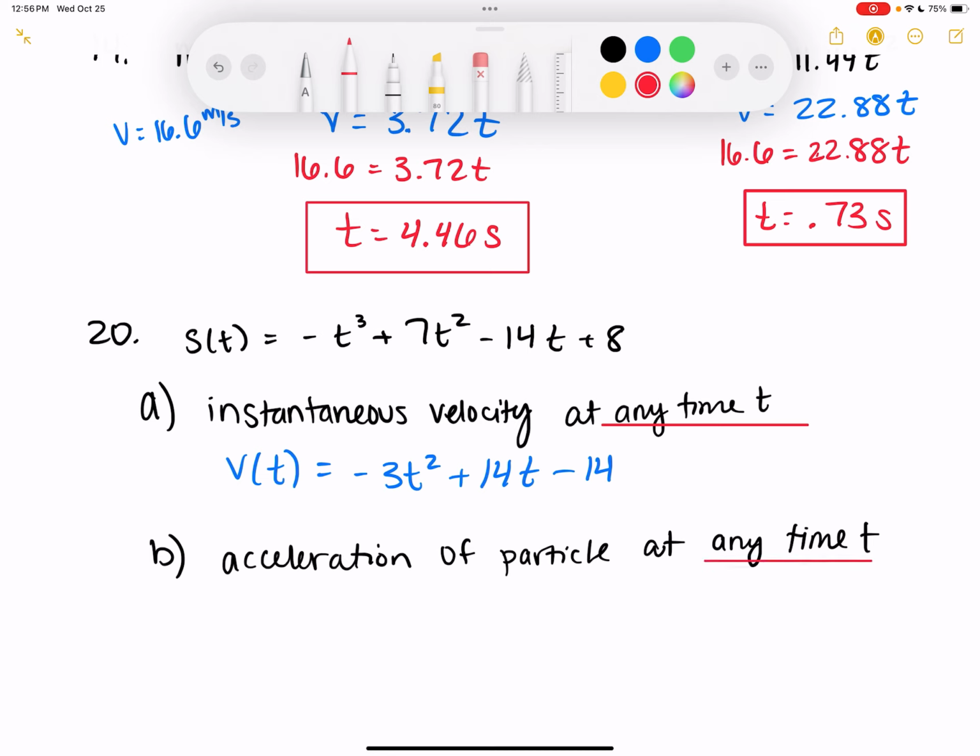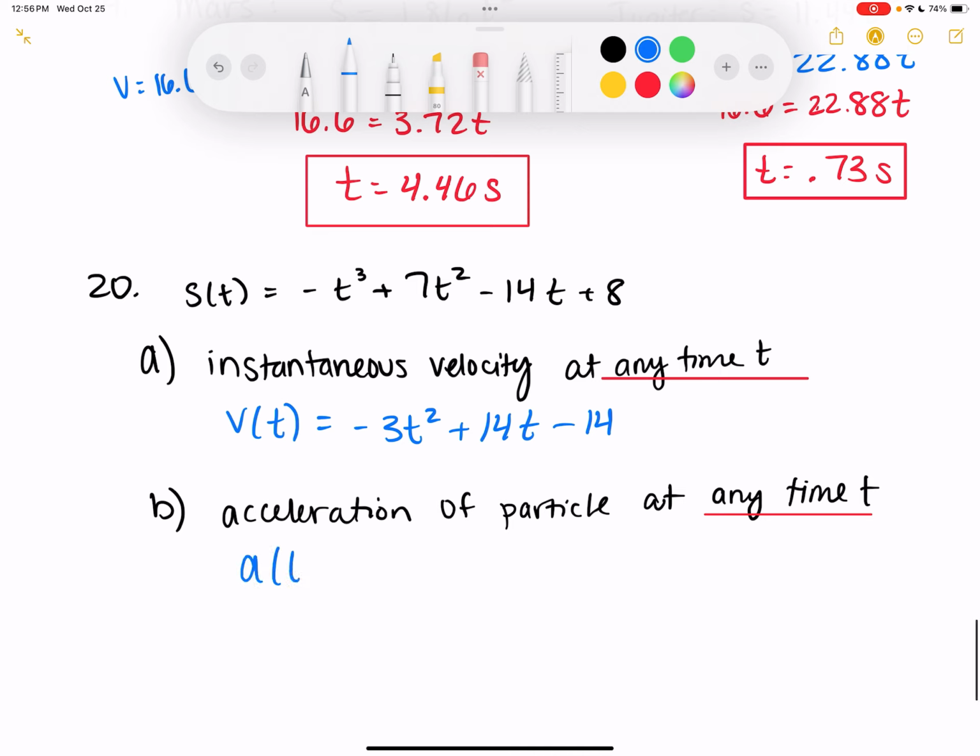So how do I get to acceleration from velocity? Take the derivative of the velocity. A of t equals negative 6t plus 14.